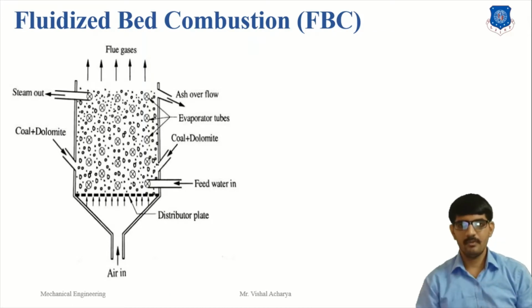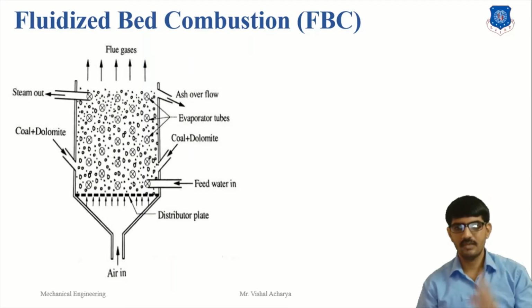In fluidized bed combustion, burning of pulverized coal has some problems, such as the particle size of coal used in pulverized firing is limited to 70 to 100 micron. A pulverized fuel fired furnace designed to burn a particular coal cannot be used for another type of coal with the same efficiency.